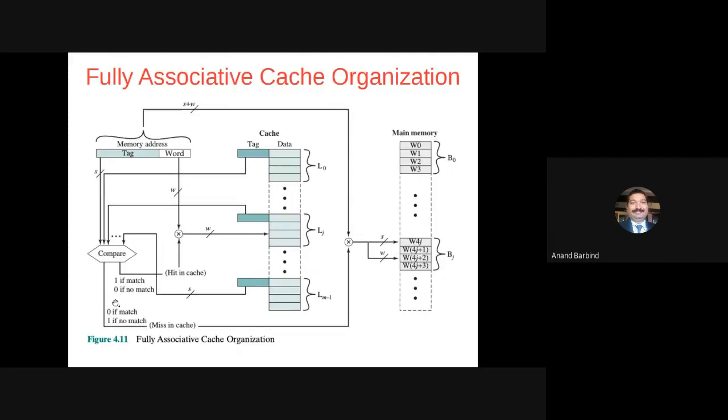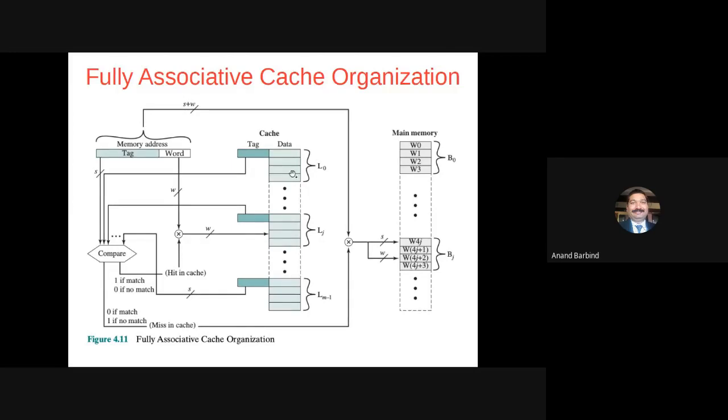So that is the cache miss, and in that case the word is read from the memory, as well as the complete block is read from the main memory, and the block is now stored into the cache memory. But that particular block can be stored in any of these particular lines, and in that case a suitable line is selected by the cache replacement algorithm.